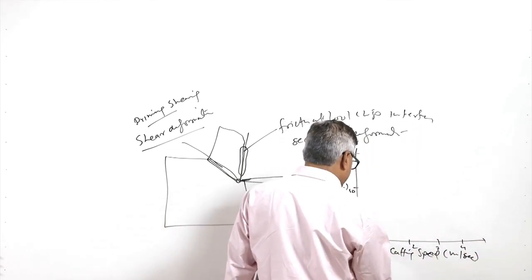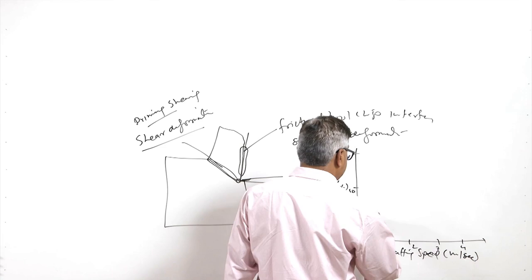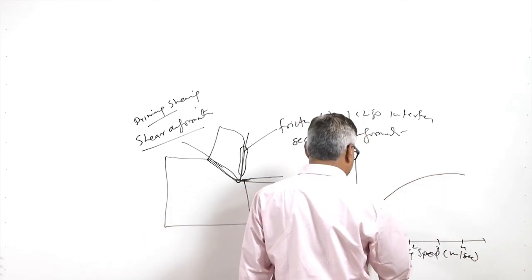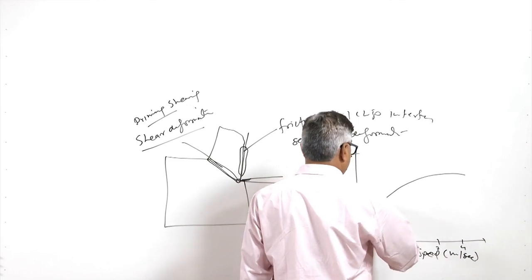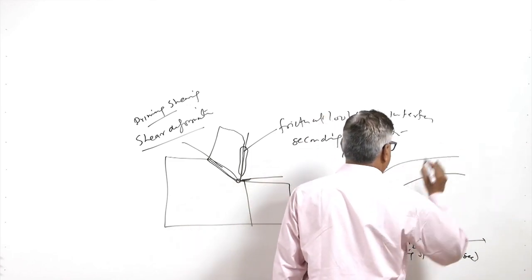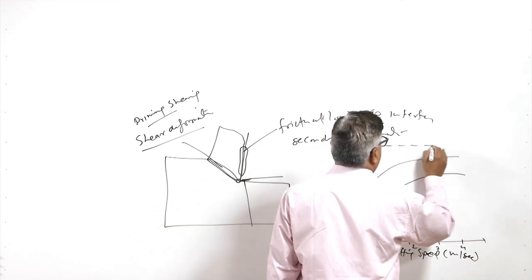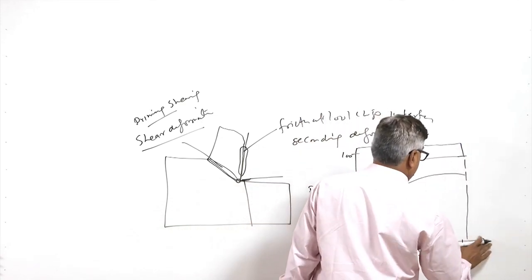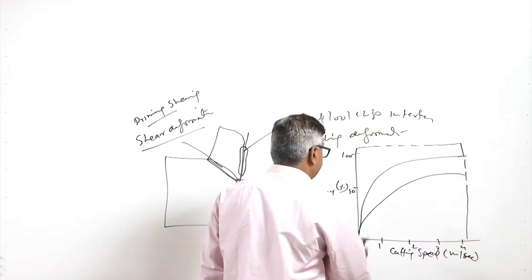So, when we work at low speed, the distribution of the energy goes like this.